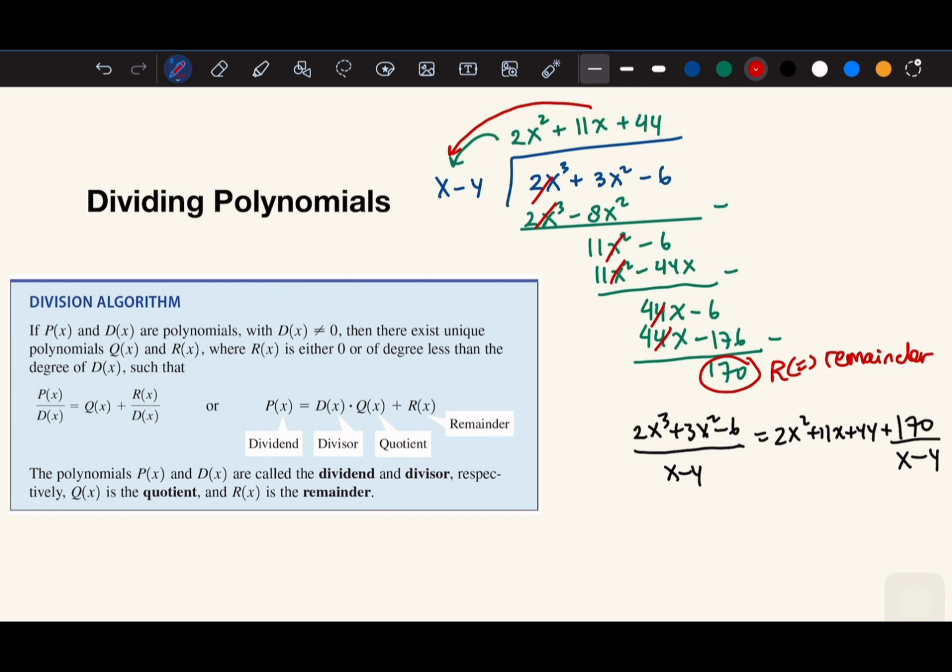In the very first part, when we multiply 2x squared times x minus 4, shouldn't the 8x become positive because the down part is already negative? When we multiply 2x squared times negative 4, then that becomes positive.